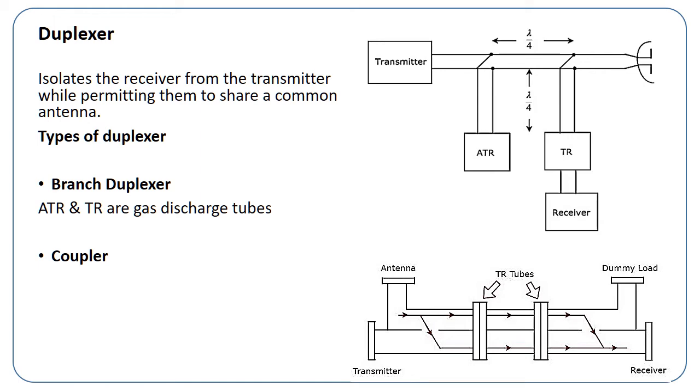Branch duplexer consists of ATR and TR. These ATR and TR switches are basically gas discharge tubes. When the transmitter is in on state, TR and ATR tubes will get ionized and firing will take place. TR switch will have a short circuit at the receiver, and hence transmitter power will not reach the receiver.